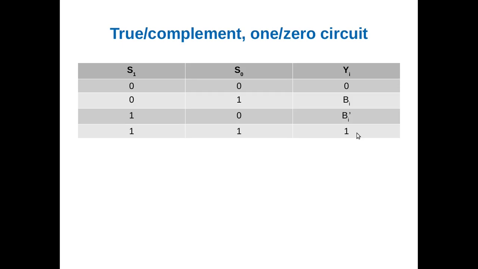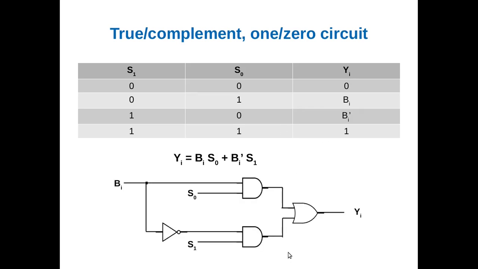We have assumed it like this. From this truth table, we get the Boolean expression Yi equal to Bi S0 plus Bi complement S1. This is the equivalent digital circuit, with Bi, S0 and S1 as inputs and Yi as the output. By using this digital circuit for Yi, we can design our 4-bit arithmetic unit.